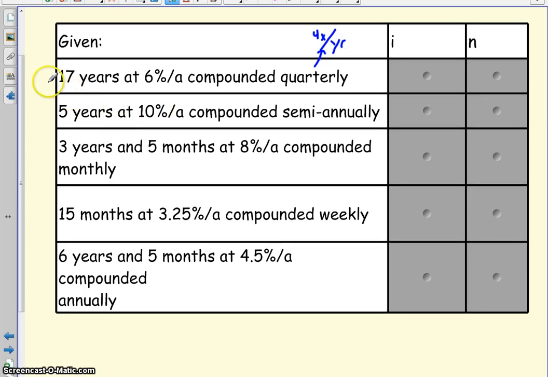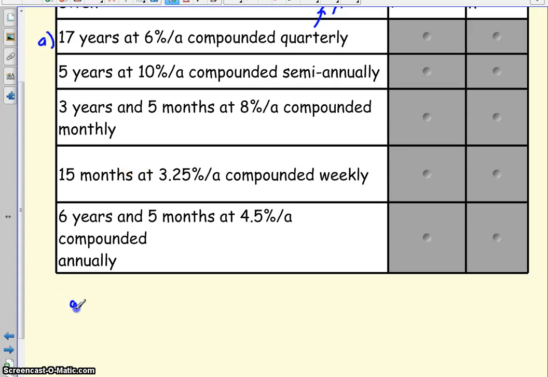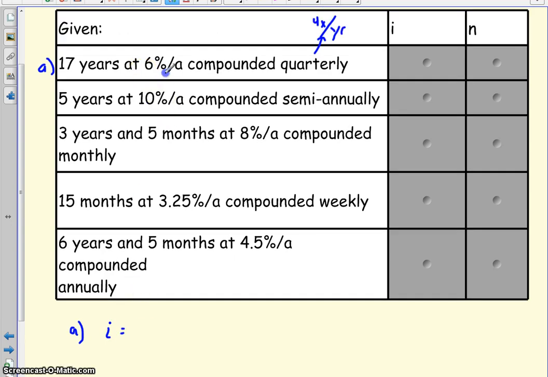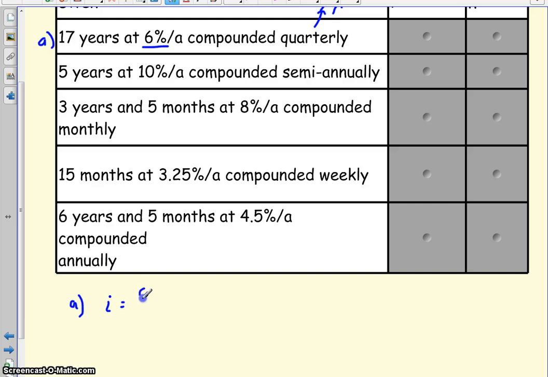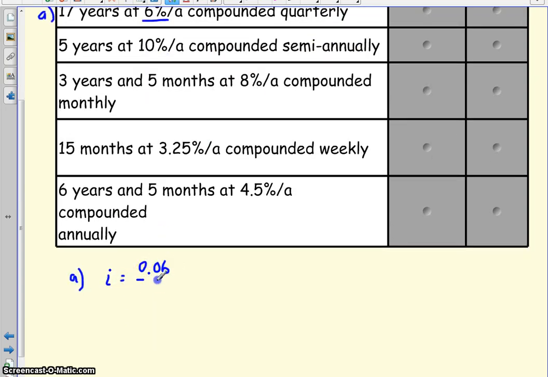Okay, so let's just call this A, and I'll work on it down here. So for I, what you're going to do is take your annual interest rate, which is 6% per year. We're going to convert to a decimal like we always do with percentages. And since it's compounded quarterly, it's going to be 0.06 divided by 4. Okay, and this would be the value of I that you put in the equation.